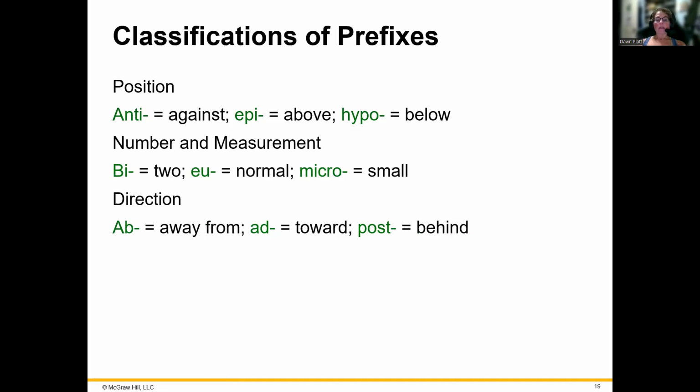So there are classifications of prefixes. We have position, number of measurement, and direction. And here's some examples, like anti means against, epi above, hypo below, bi means two, eu means normal, micro means small, ab is away from, ad is towards, and post is behind.